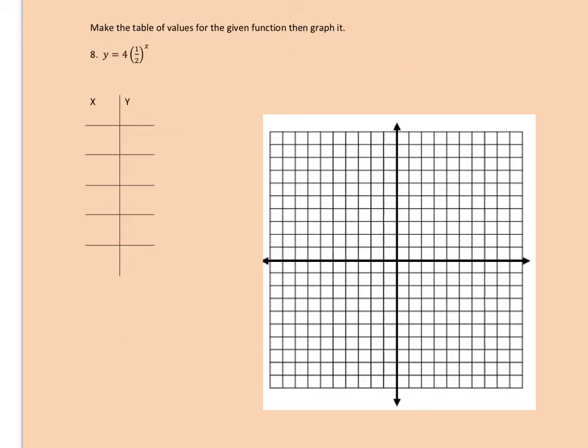So I see that a is 4 and b is 1/2. So that means this is going to be decay. Now we'll get to see what the decay looks like. First thing I would do: -2, -1, 0, 1, 2. Plug them in. Well, that would be 4 times 4, so 16.